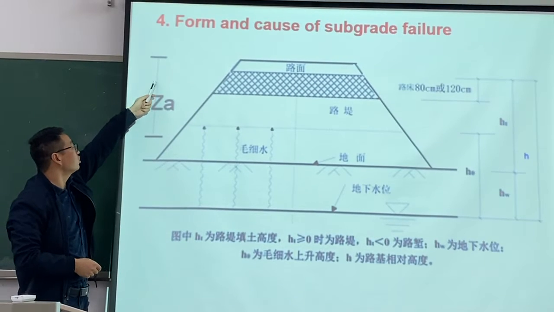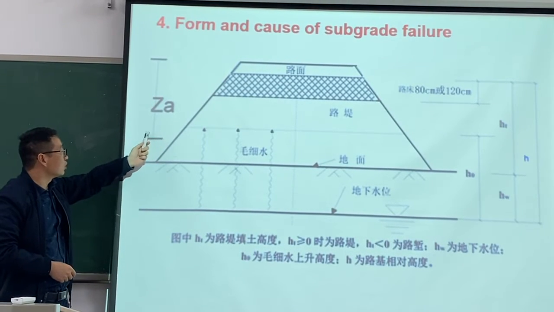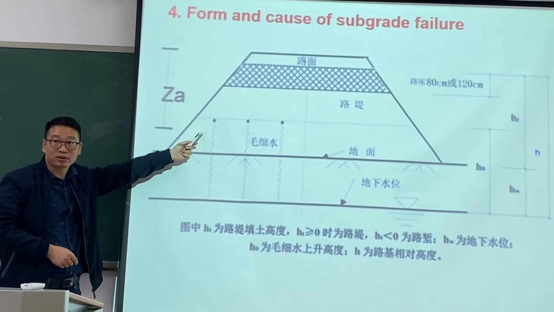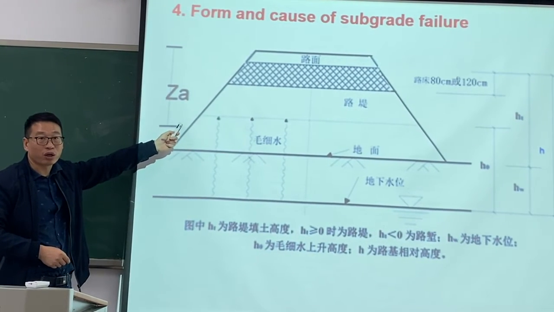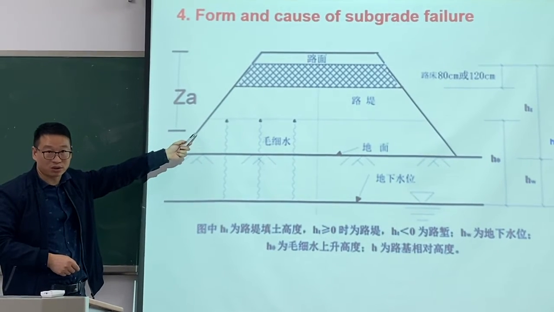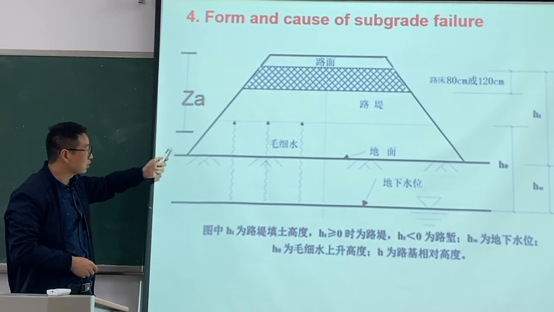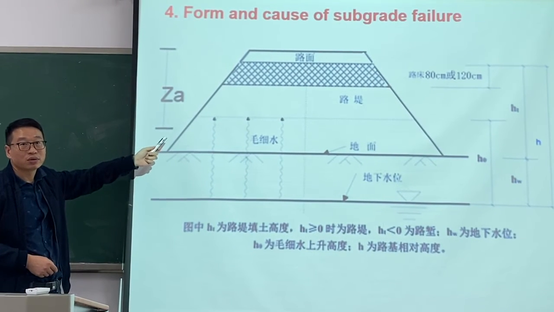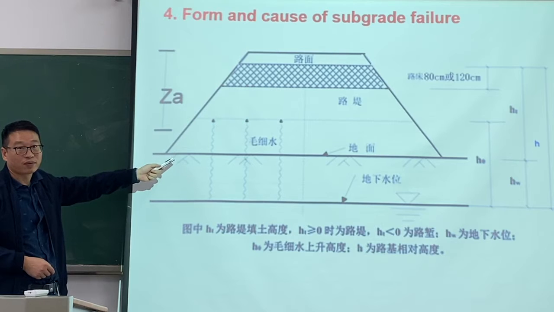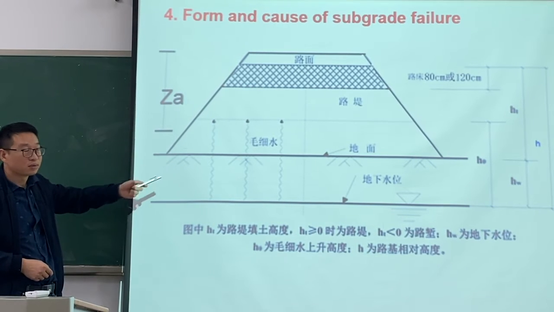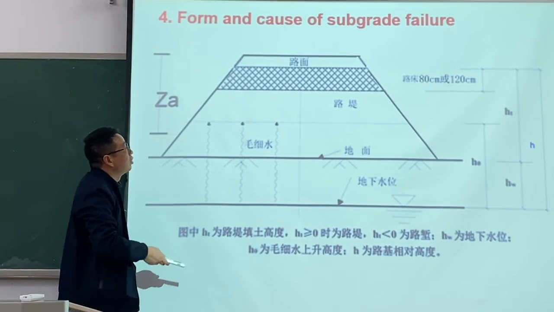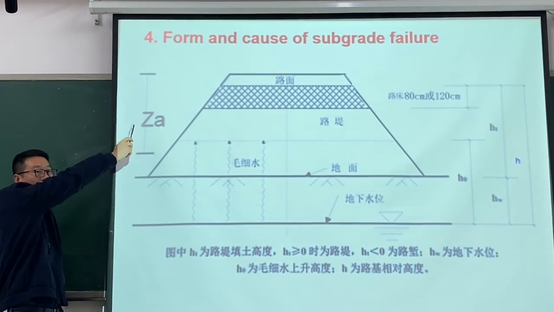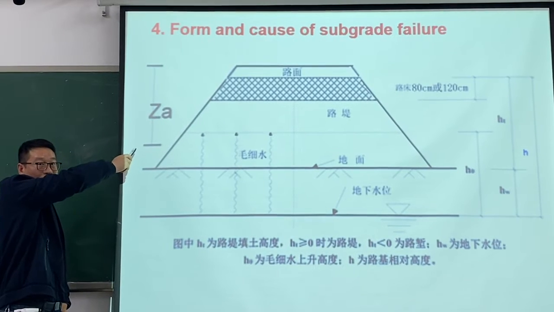But when it is influenced by the capillary rise, it's in medium wet or medium humidity state. In this picture, it is in medium humidity state. So the work zone is from the top of the surface to the calculated depth.